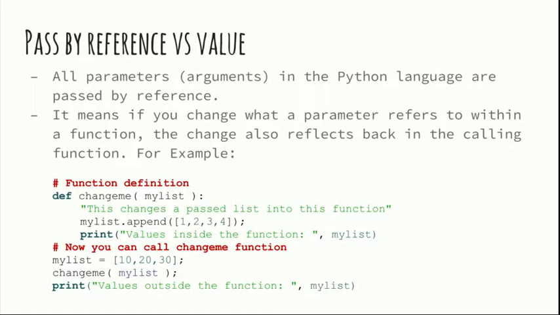Passed by reference versus value. All parameters in the Python language are passed by reference. It means if you change what a parameter refers to within a function, then the change also reflects back in the calling function.